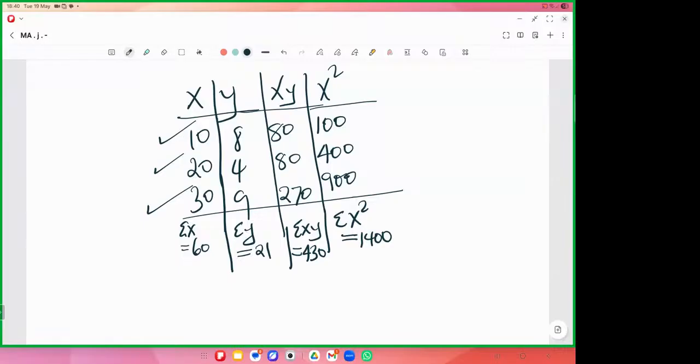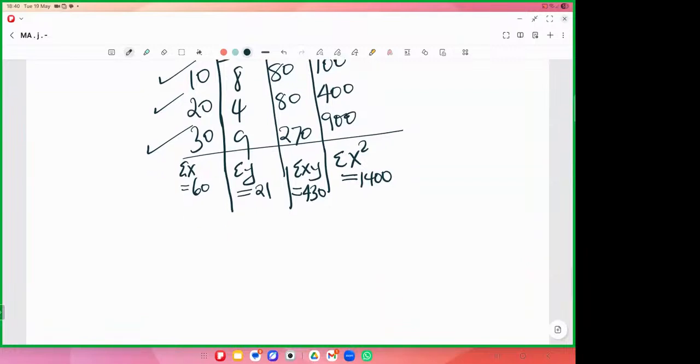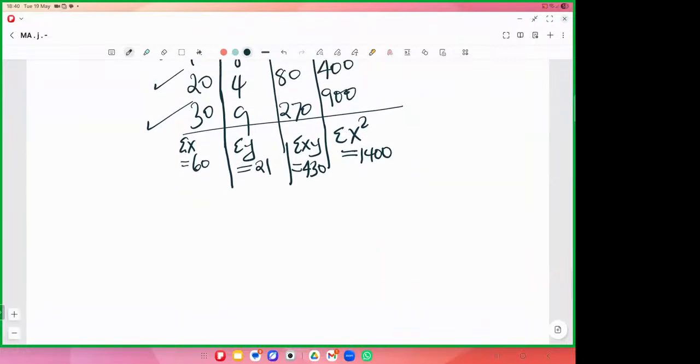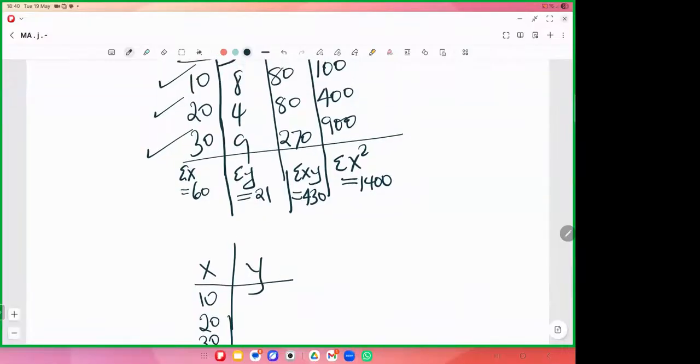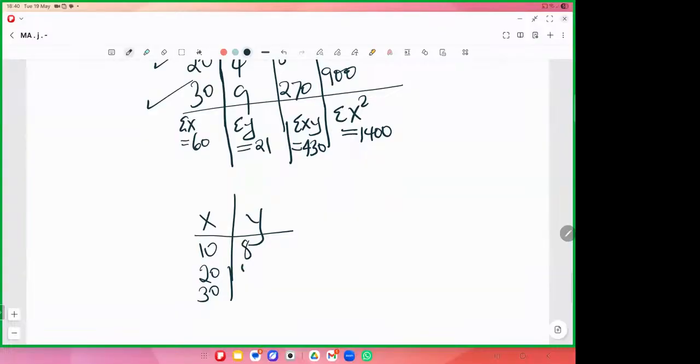So I don't know whether we have these calculators, and if we have them, I would want us to copy this question down here. So this is x, this is y. First of all, we prove that this calculator will give us correct answers, 849.